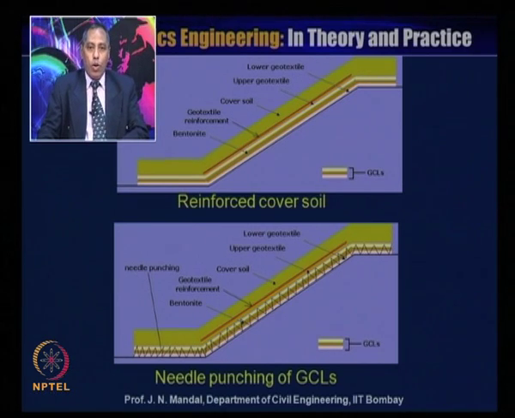Then there may be failure of the geosynthetics or a pull out failure along the anchor trench or the tensile reinforcement. So here, different layers of the geosynthetic clay liner or geomembrane or GCL, which is made of needle punched GCL, also have been provided.